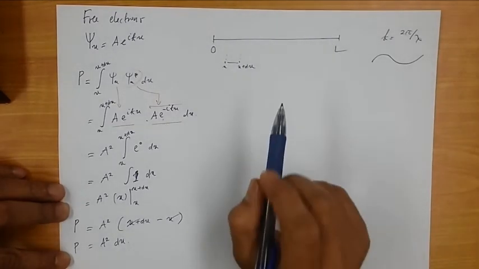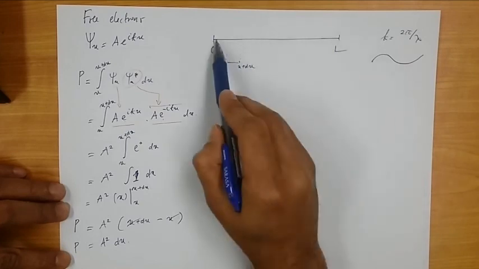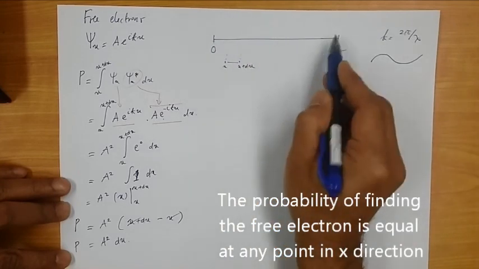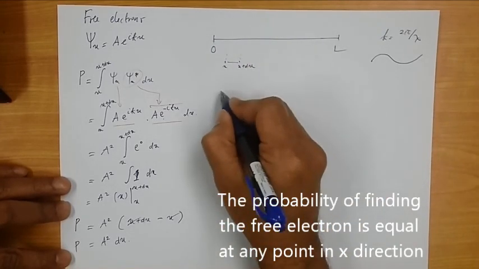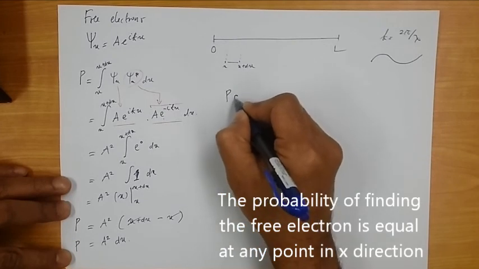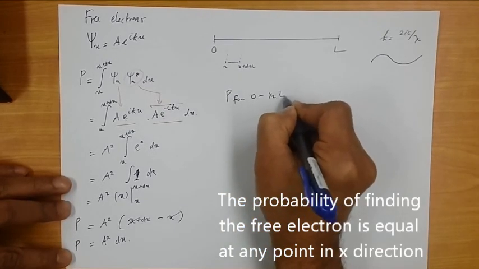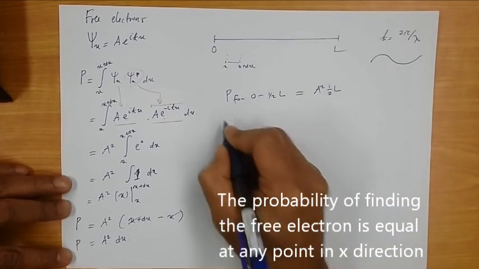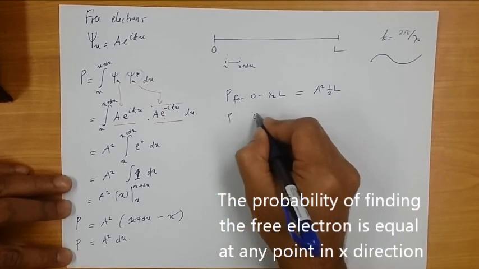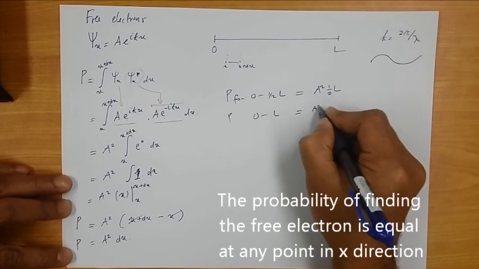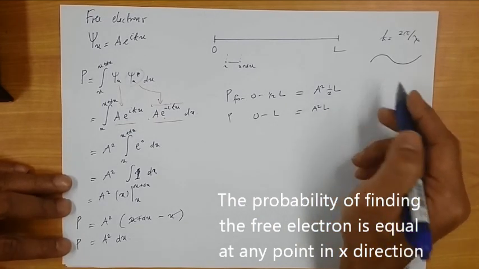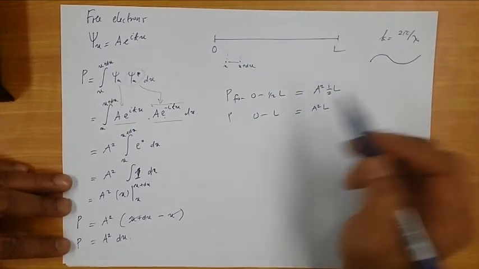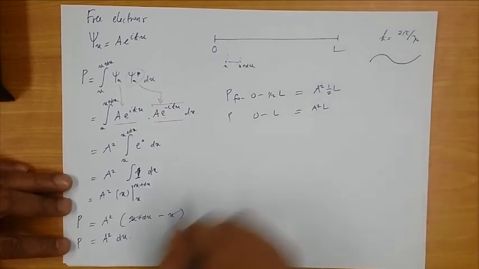If you integrate from 0 to half L, you will get A squared times half of L. If you integrate from 0 to L, this will give you A squared times L. So at any position between 0 and L, the probability of finding the electron is equally the same.